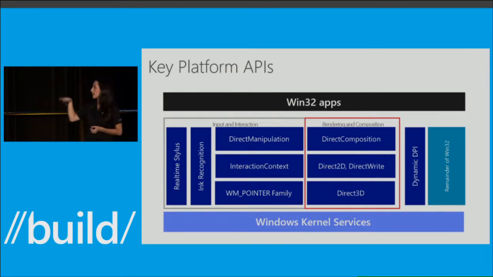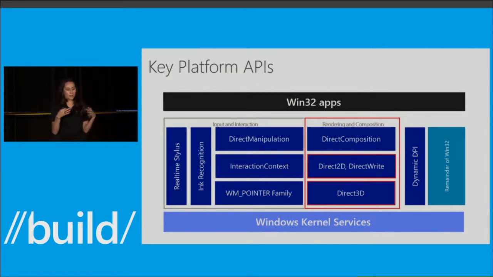So if we look at that stack, you'll see that the Direct3D technology is right at the bottom. It is the basis of our graphics technology. It is going to provide to-the-metal graphics performance. Then Direct2D and DirectWrite were built on top of Direct3D, and they offer 2D immediate mode rendering for bitmaps, for geometries, for text.